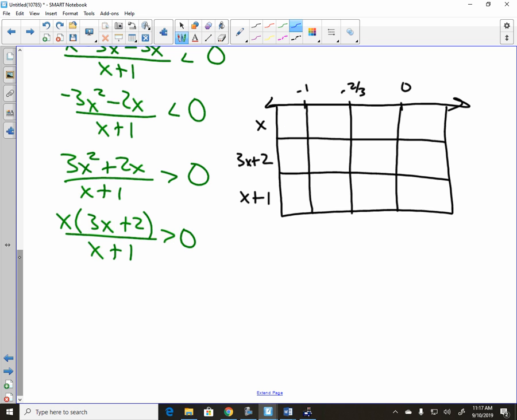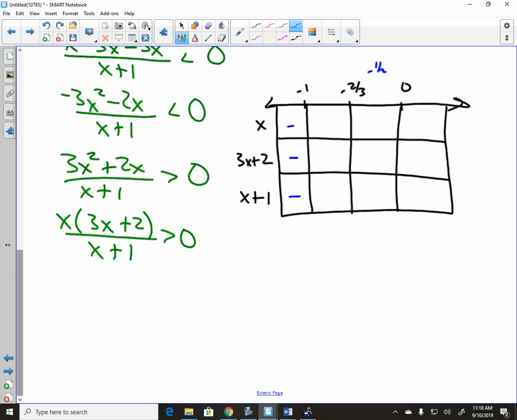So I get a negative, negative, a negative. Now what? Negative 1/2 is going to fall over here. Negative 3/4.